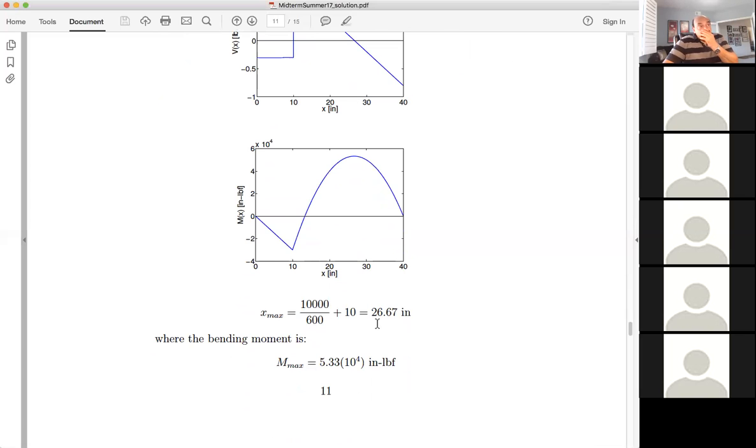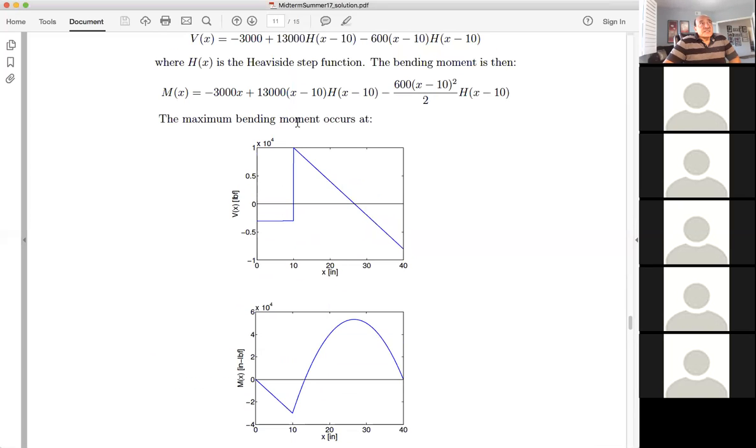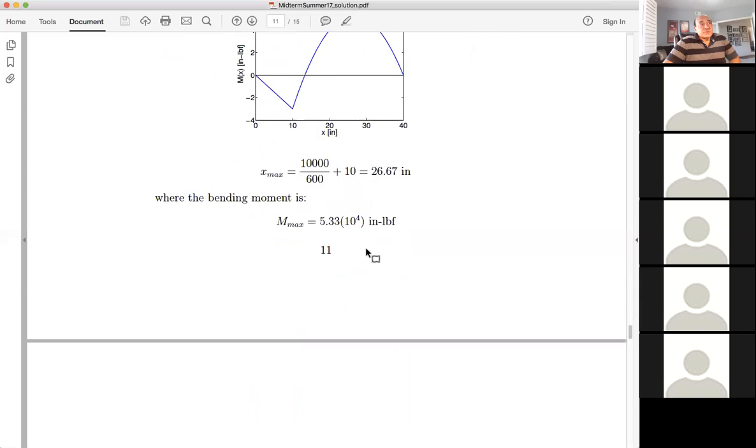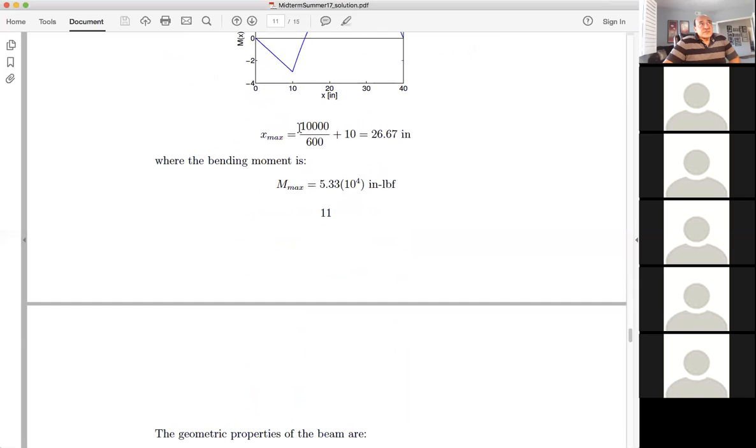That number here is obtained from a straight line. So instead of even working on this equation, I can just make a straight line here and find the solution from the slope at that point, and this is what we did here. So this is the distance divided by slope plus the shift. You get the point of the maximum, and then you find the maximum bending moment.